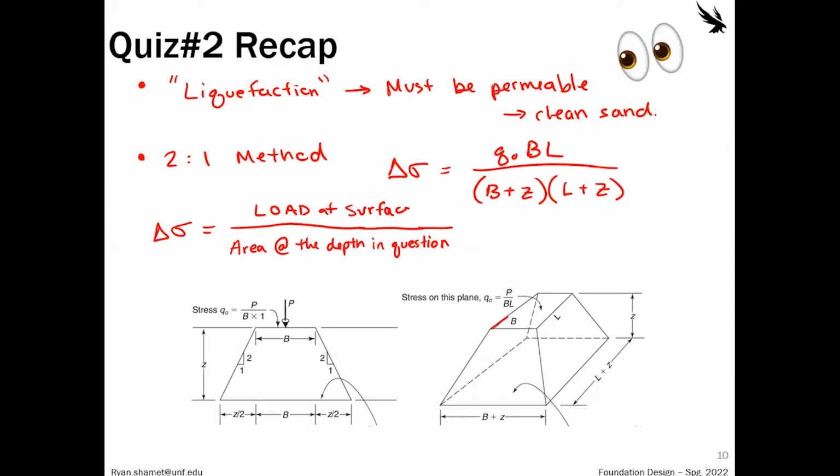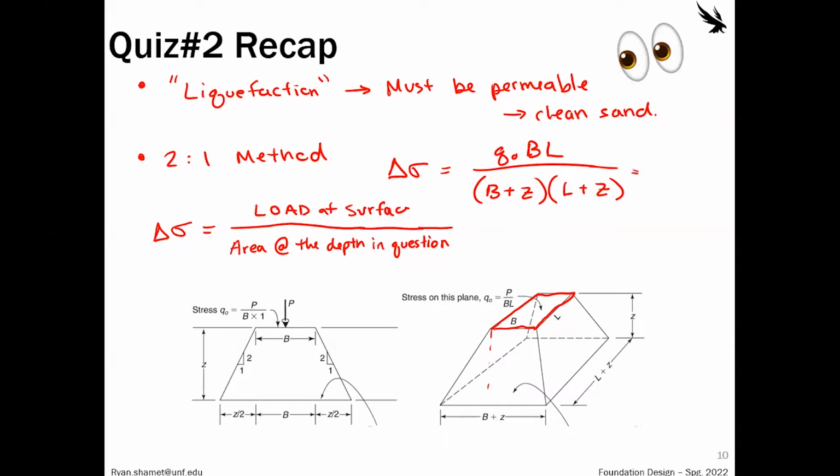In this case, it's a weird little funky looking 3D thing. If an area has B times L at the surface, then that area at the bottom, at whatever depth, is just going to be B plus the Z depth times L plus the Z depth.